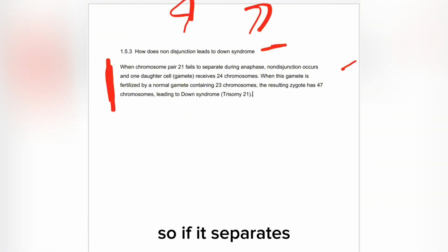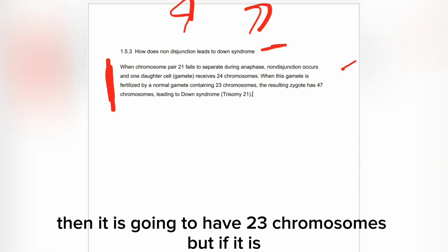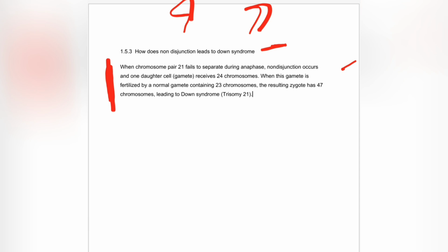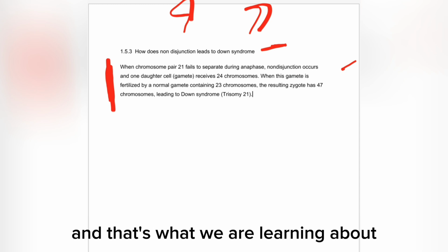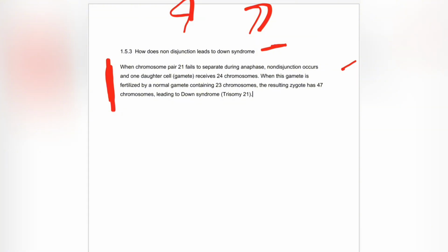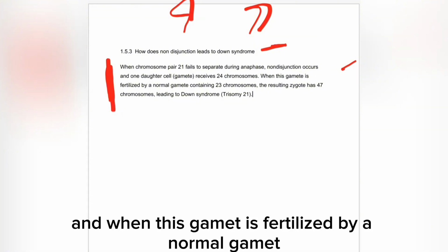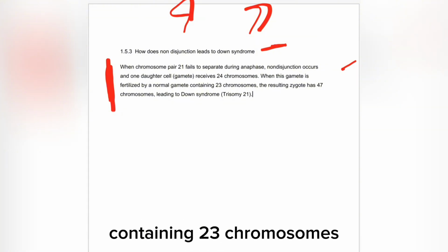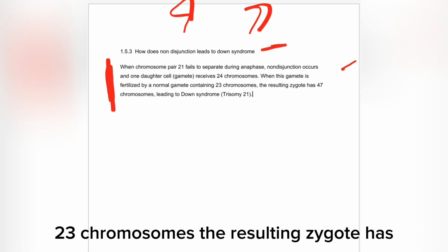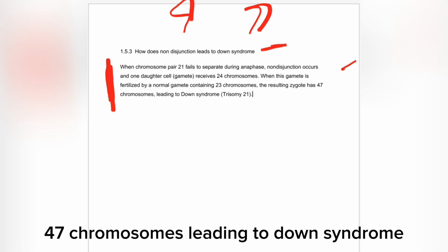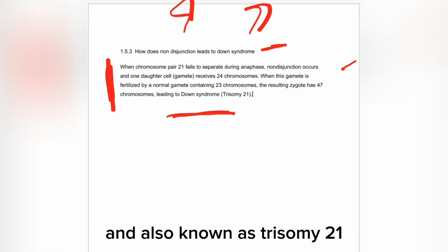If it separates, then it is going to have 23 chromosomes. But if it does not separate, it's going to have 24 chromosomes. And when this gamete is fertilized by a normal gamete containing 23 chromosomes, the resulting zygote has 47 chromosomes, leading to Down syndrome, also known as trisomy 21.